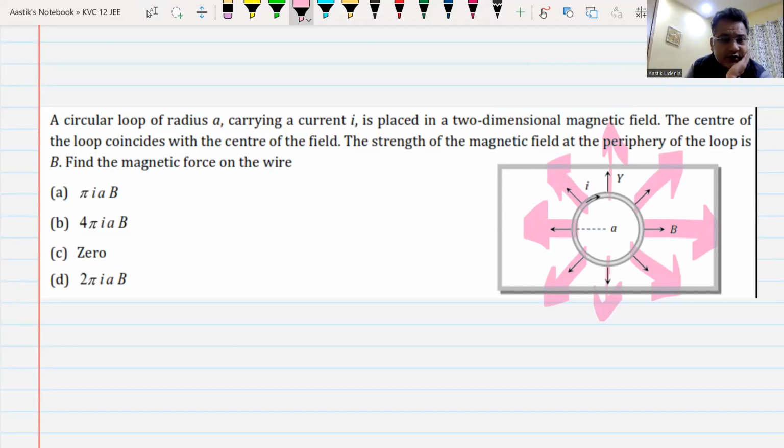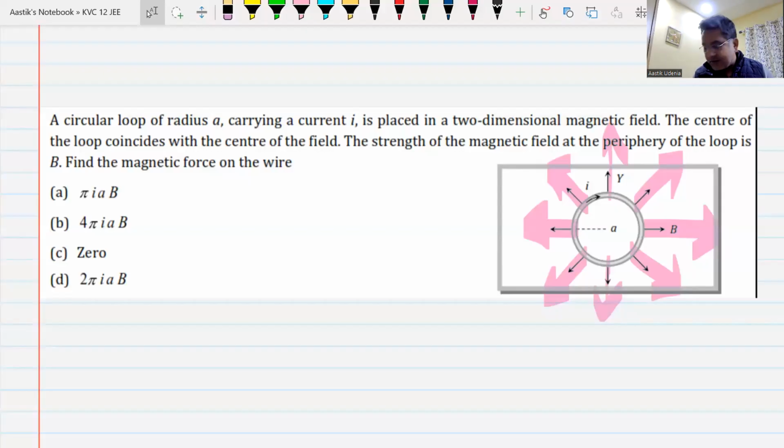I'll give you 2 minutes to give me the answer. Option D is correct. Now remember, the magnetic field at all points on the circular loop is perpendicular. If I find the direction of magnetic force at the top point, dL is like this, B is like this, the magnetic force will come out.